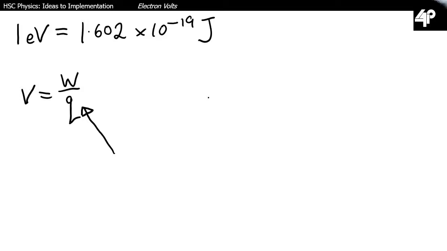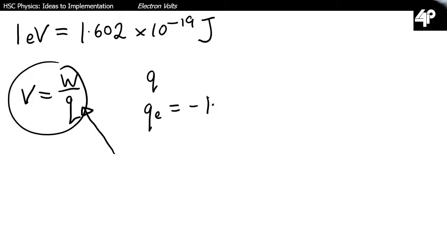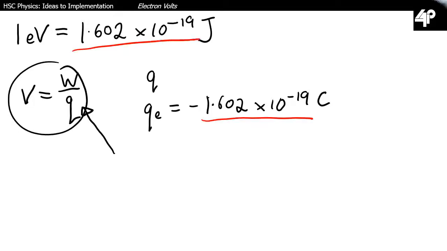So in this case, we're going to take this formula here and replace Q with Qe, the charge on the electron, which is negative 1.602 times 10 to the negative 19 coulombs. So hopefully you should see now that this number here and this number here has got the same magnitude.